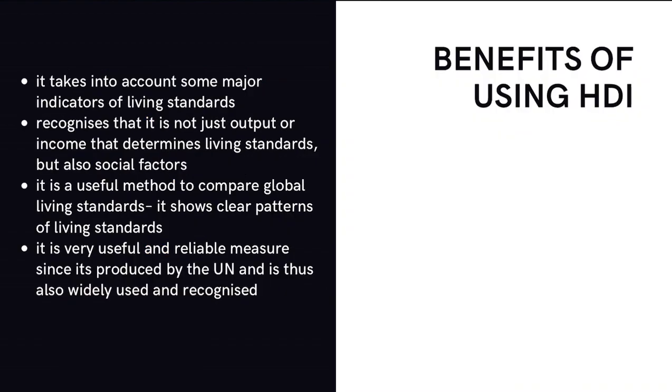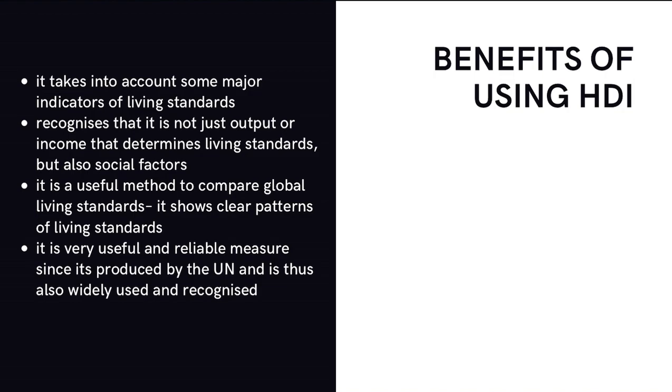Now let's look at what are the benefits of using HDI. It takes into account some of the major indicators of living standards which I mentioned previously, which is education, then income and healthcare. It recognizes that it is not just output or income that determines living standards, but also social factors.